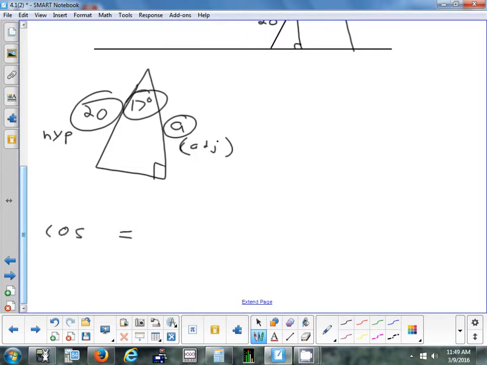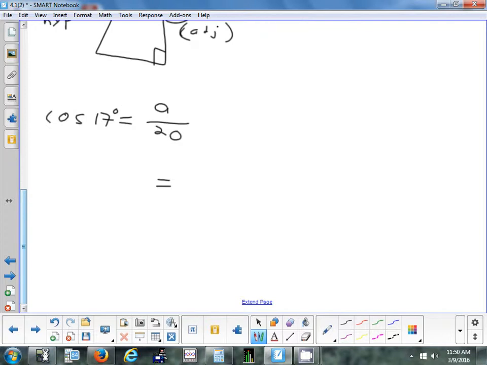Anybody tell me what my equation will be? Cosine of 17 degrees equals A over 20. Yep. Okay, multiply each side by 20, and then we'll have our answer.